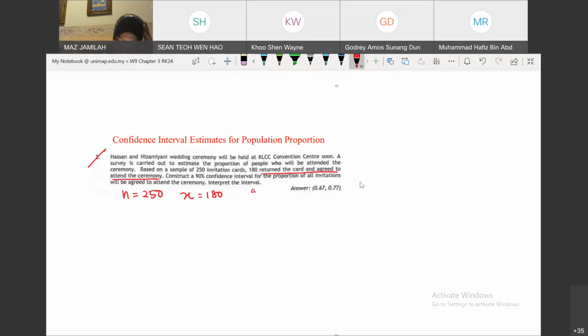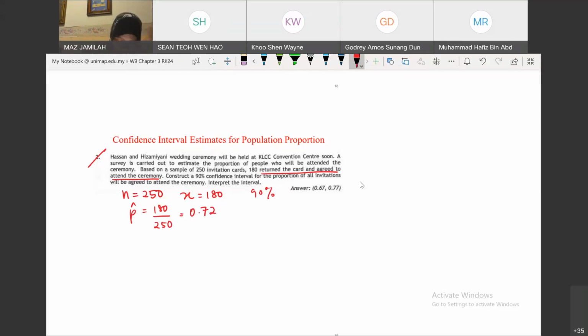Construct a 90% interval. So P hat will be equal to 180 divided by 250. You will get 0.72.